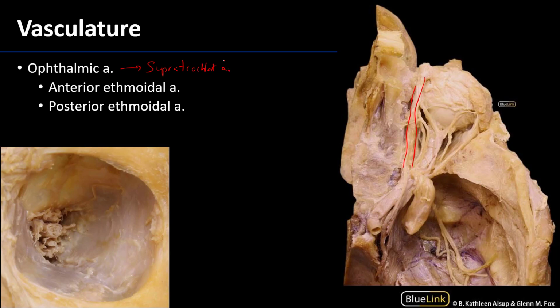And those arteries are going to serve ethmoidal air cells, the posterior will serve the sphenoidal sinus, and we'll see them come back into play when we discuss the nasal cavity as well.